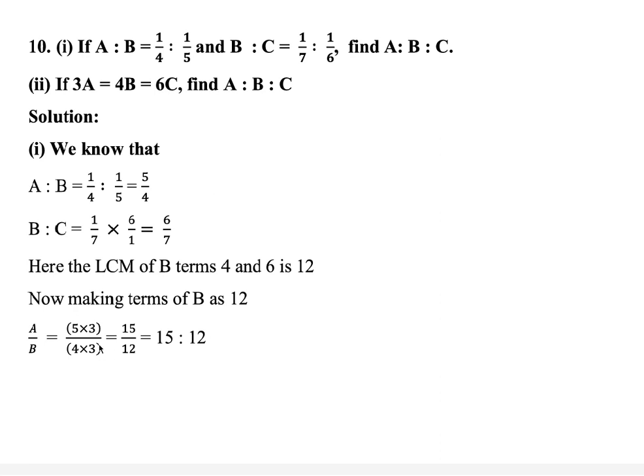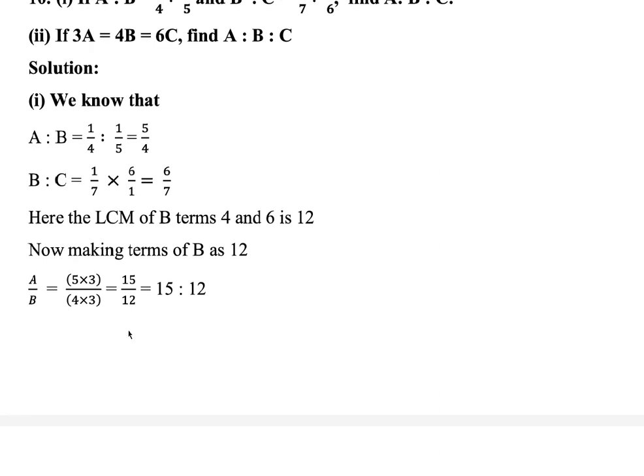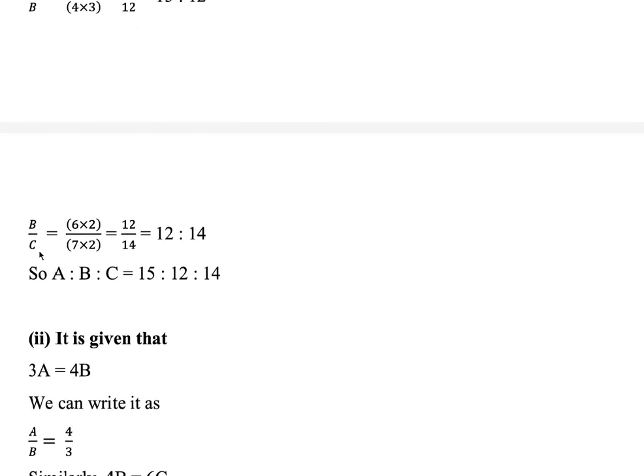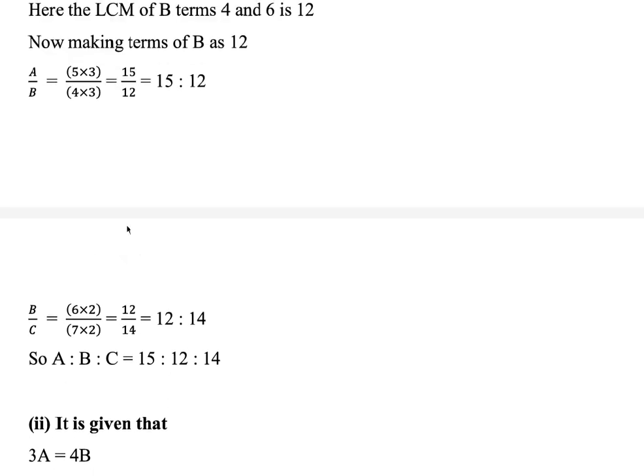So upper part also I will multiply by 3, that comes to 15, and B by C, the upper part I will multiply by 2, so that make it 12, and the lower part, that is denominator part, also I have to multiply by 2 because upper part we have multiplied by 2, so it is coming 14.